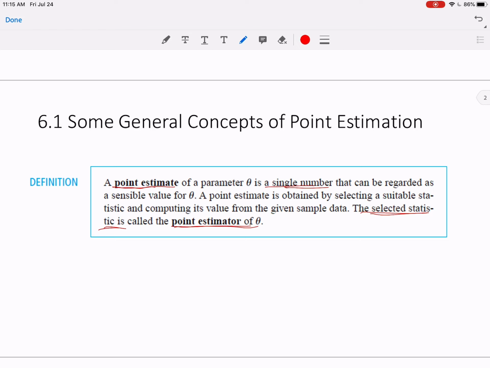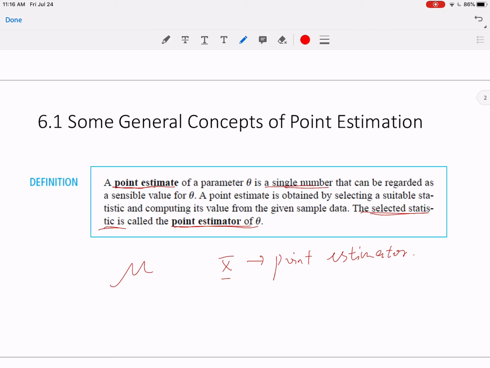So what does it mean? If we want to, for example, estimate the population mean mu, so we usually use the sample mean x bar as the point estimator, because x bar is a statistic, right?